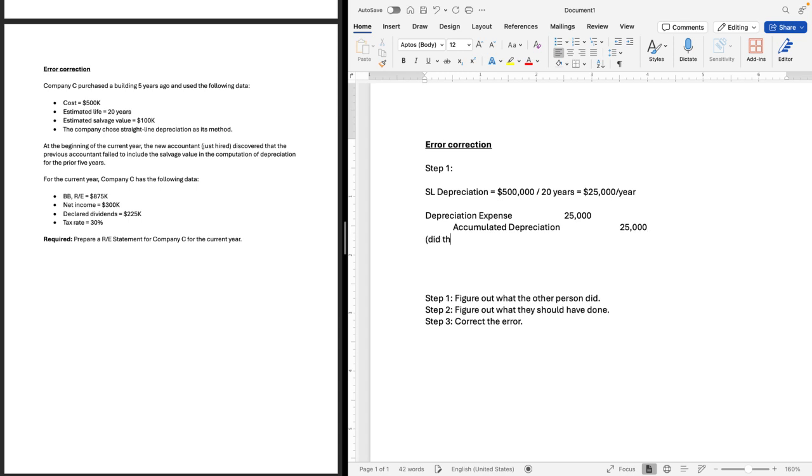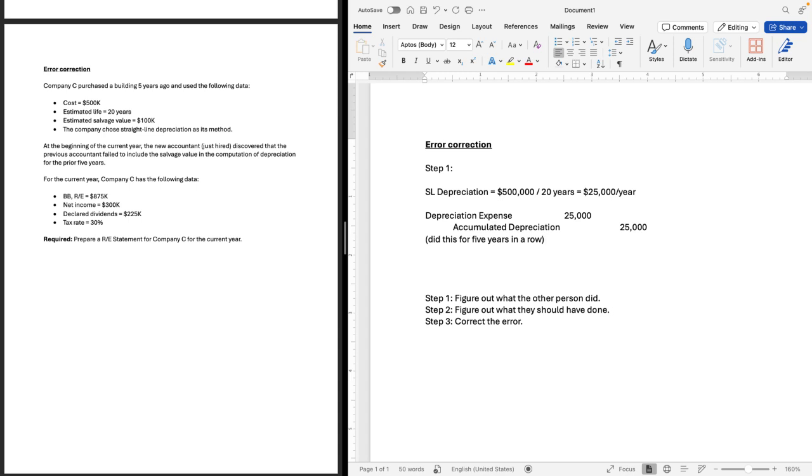And they did this for 5 years in a row. Now, I'm assuming that they debited depreciation expense and credited accumulated depreciation correctly because the problem doesn't say that they messed up the debit and credit. It just says that they failed to put a number into the calculation that they should have.